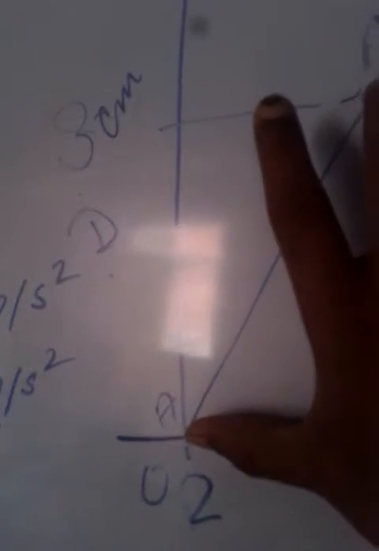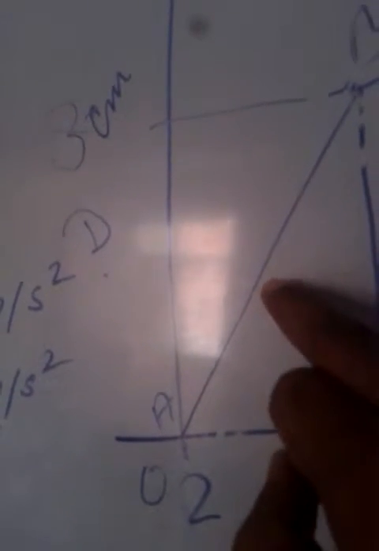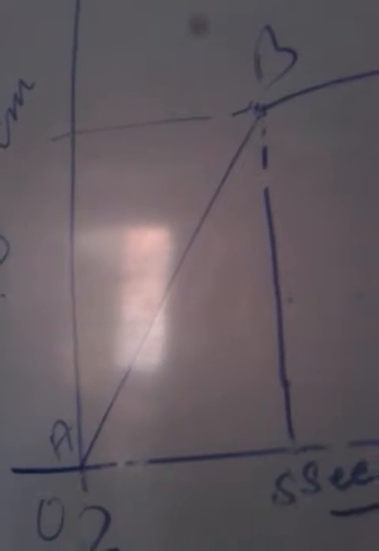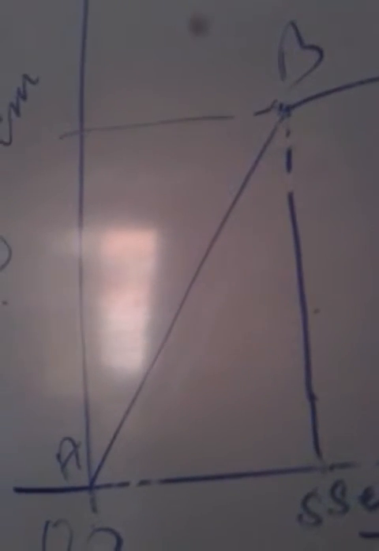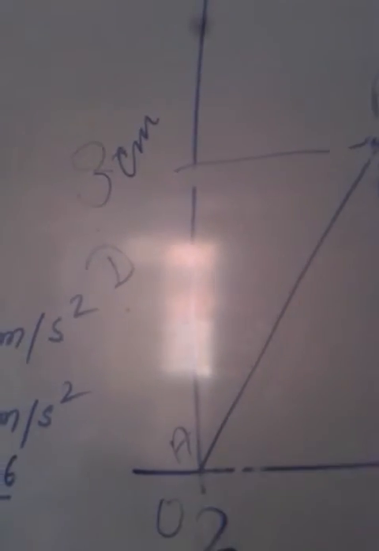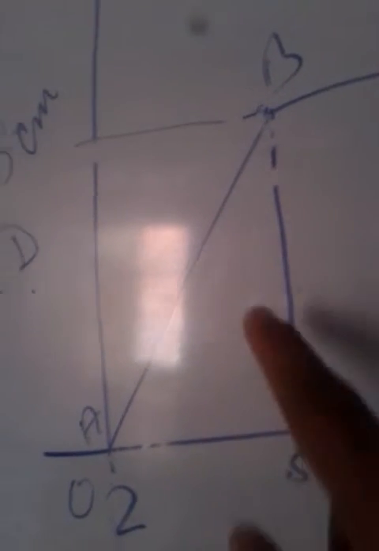In a distance time graph, the slope of AB gives the speed, while in a velocity time graph it gives the uniform acceleration. In a velocity time graph, if you take out the slope of AB, that is perpendicular by base, the change in height 3 minus 0 divided by time 5 minus 2, it always gives the acceleration.